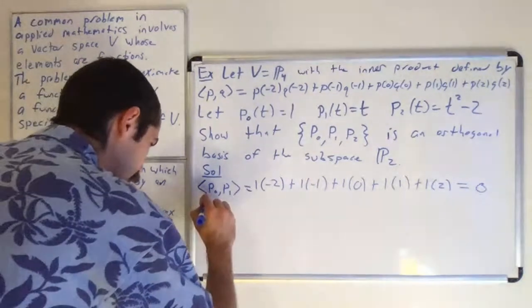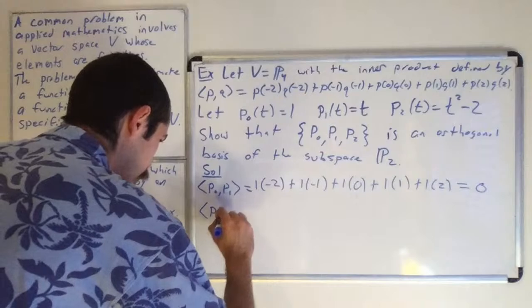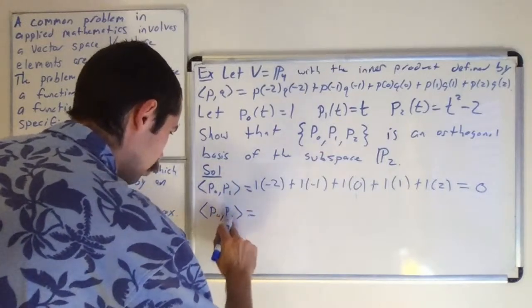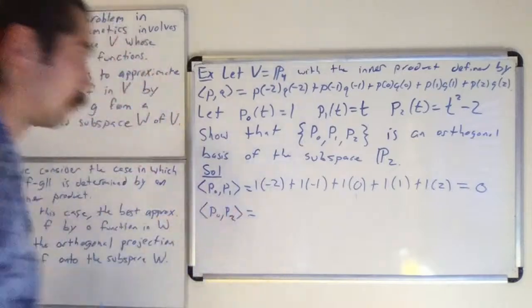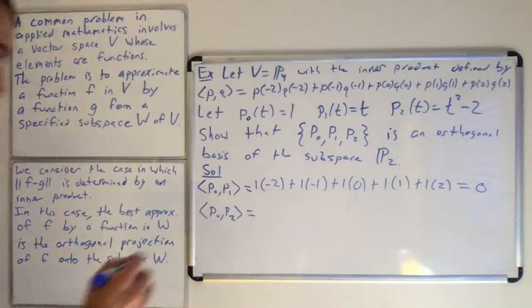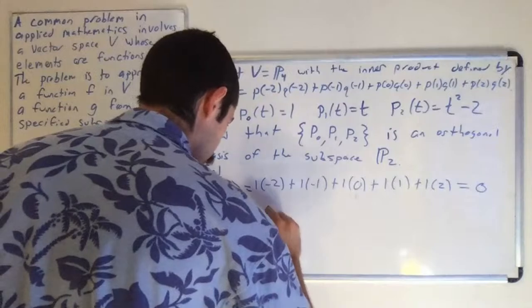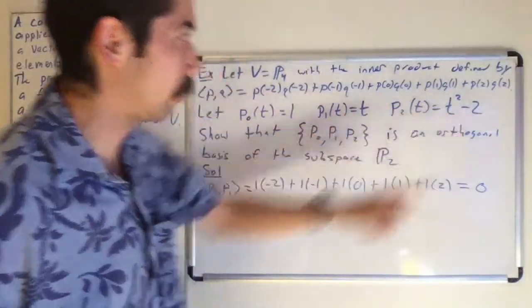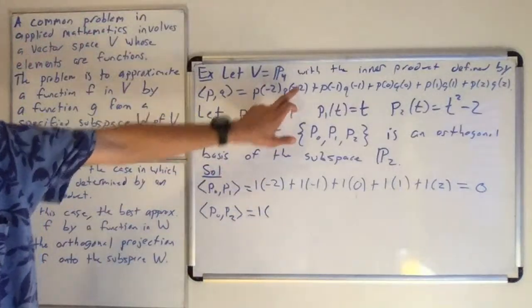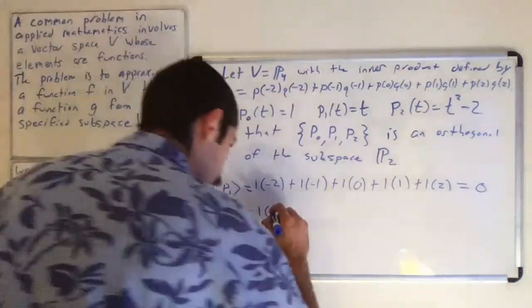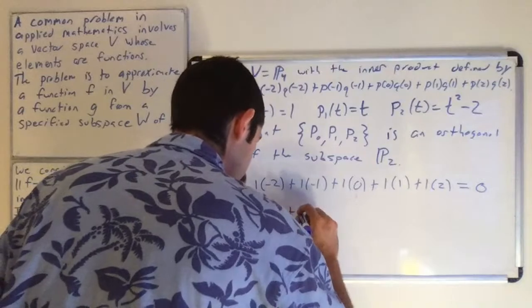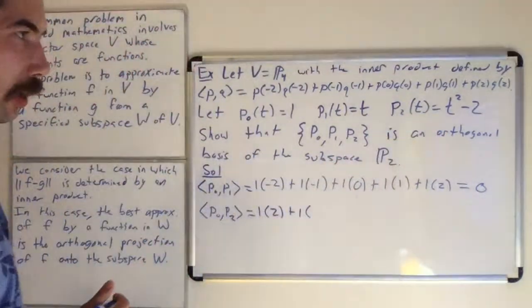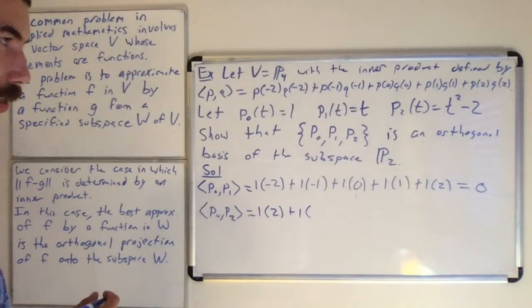Okay, now we'll do P0 times P2. T squared minus 2 evaluated at -2 is 2. T squared minus 2 evaluated at -1 is -1.